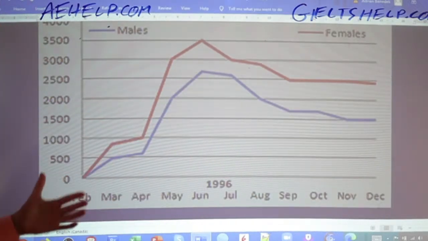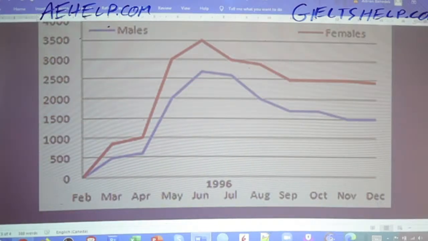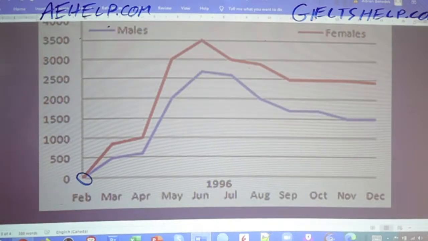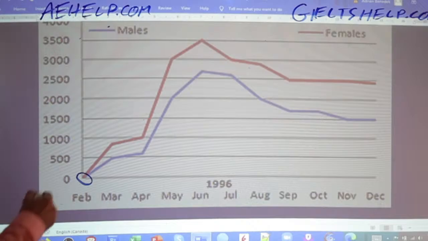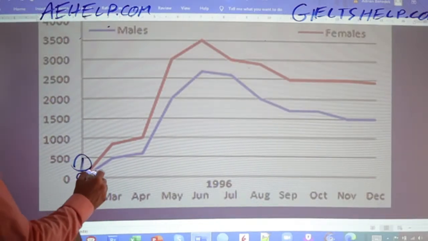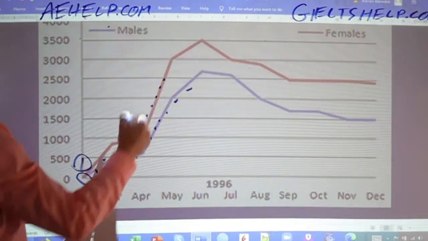So first of all, we want to describe this similar pattern. So that's my first point, and that's what I'm going to analyze first. So in February, we have 0 cases for both men and women, okay? And then the cases of flu start to kind of increase here with both, okay?